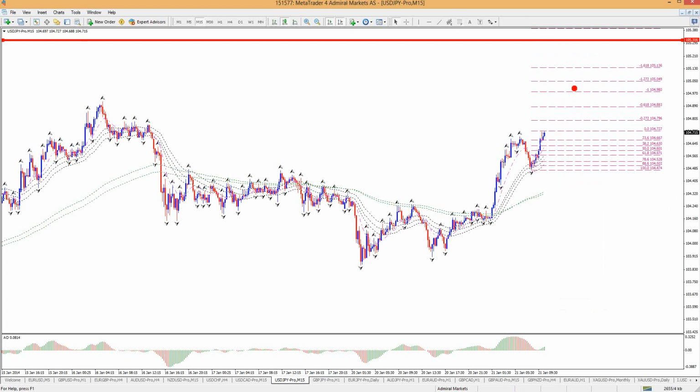And targets, we could aim for this minus 618, I think. Something like that. So let's keep an eye on that.